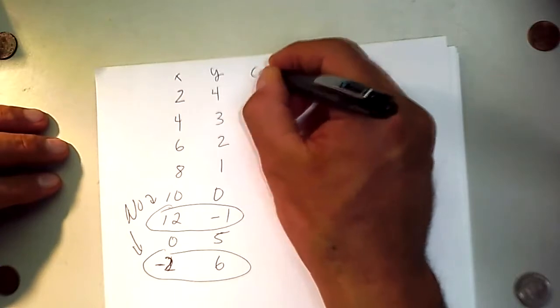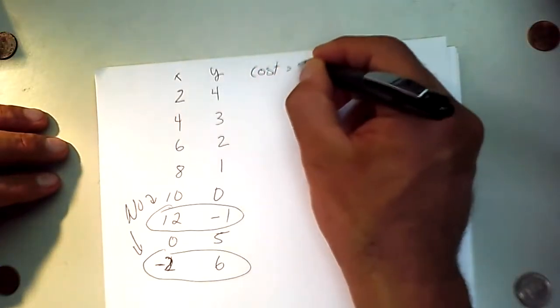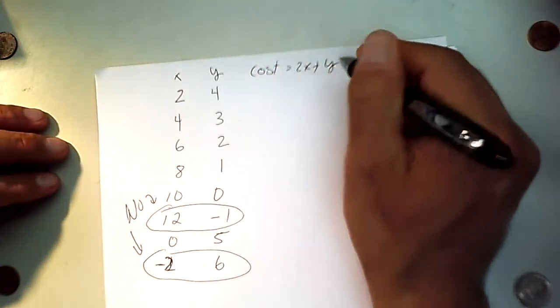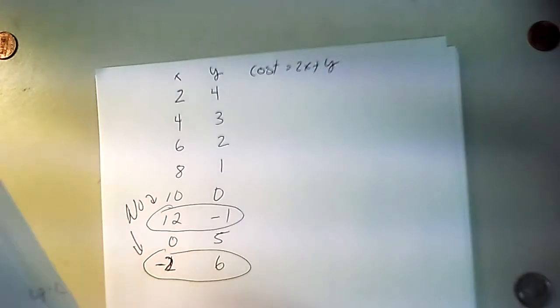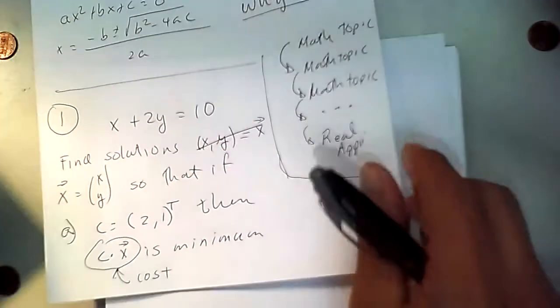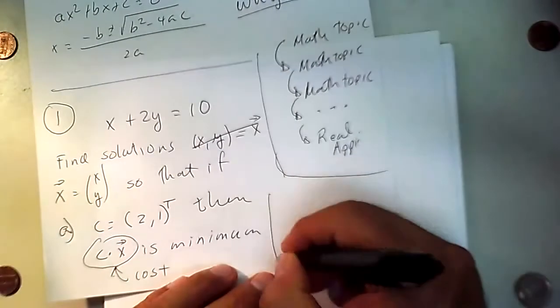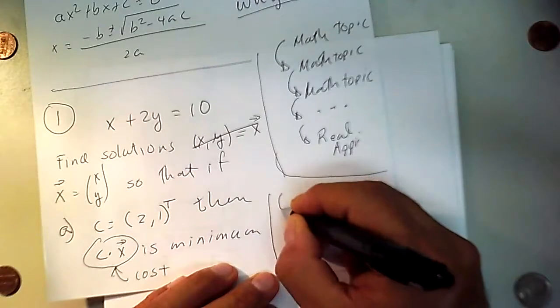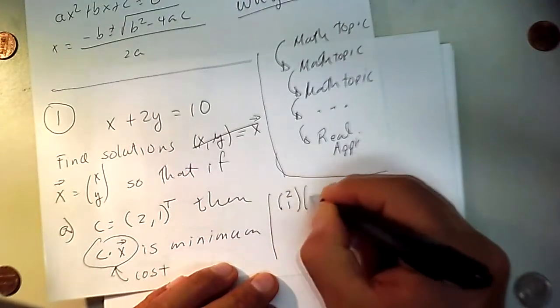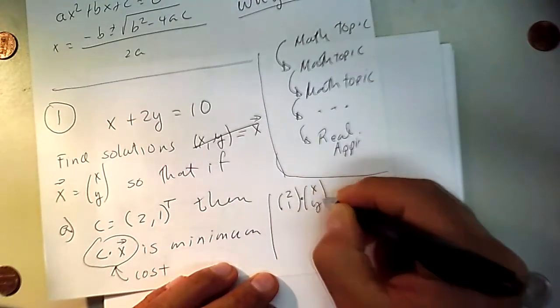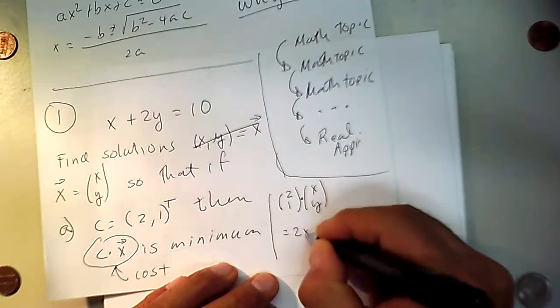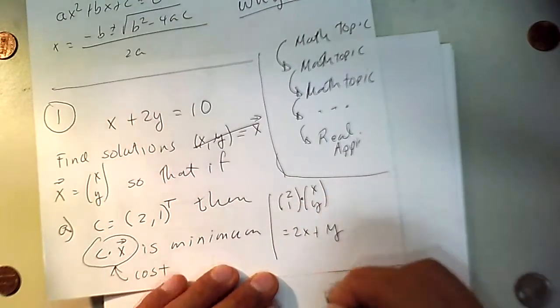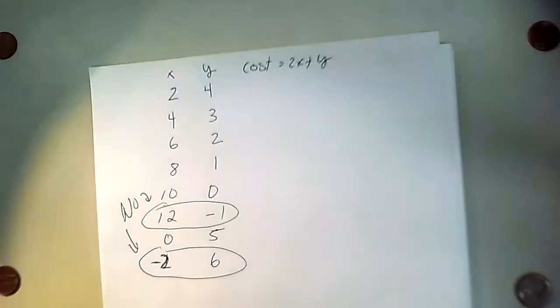So the cost, which is 2x plus y, when we take the dot product of (2, 1) with (x, y), we end up with 2x plus 1y. There we go. So we want the cost to be minimum.